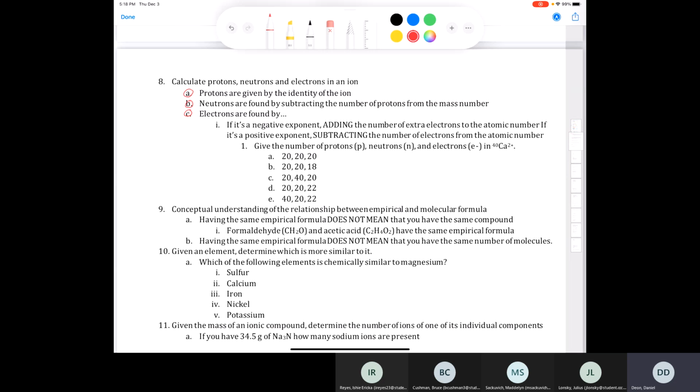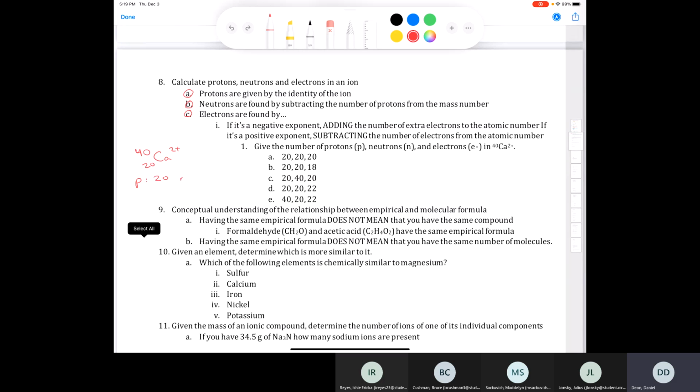How many protons, neutrons, and electrons are present in calcium-40 with a 2+ charge? Well, we can go ahead and add the atomic number because that never changes. If you look at the periodic table, calcium is element number 20. And so we know the number of protons is going to be equal to 20. Now, this number here is the sum of the number of protons and neutrons.